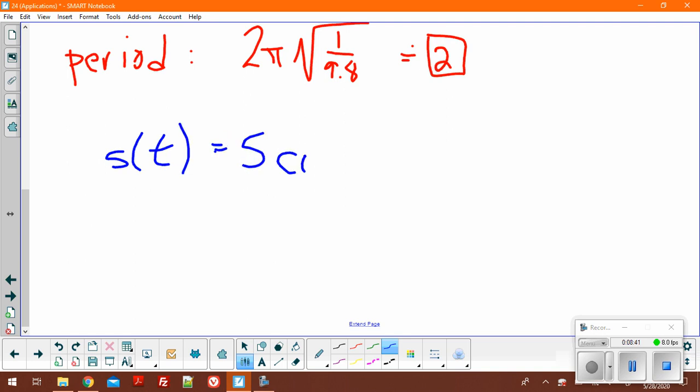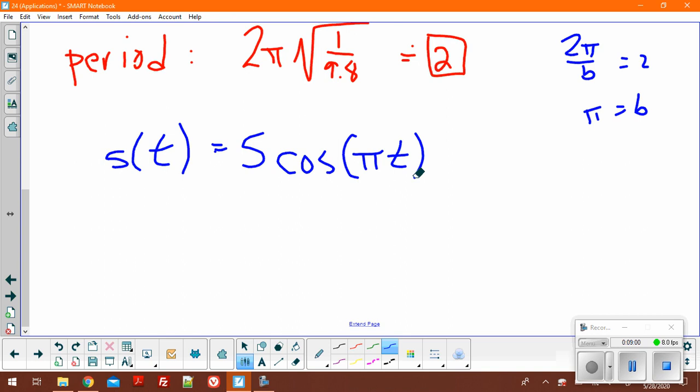I'm going to use cosine because it's going to start at a peak and then swing towards the middle. Our period is 2, so that means 2 pi over b equals 2. Work that around, b is equal to pi. So cos pi t. That ends up being very similar to the equation that we just looked at.